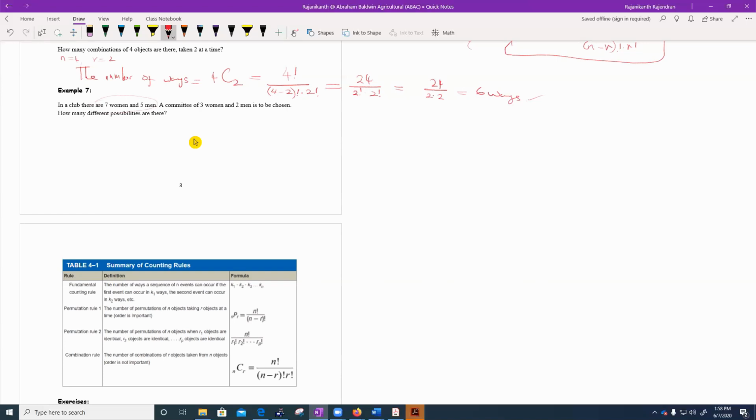But here, you need to first use the counting principles we saw at the beginning today. So how many tasks do you have? You have 2 tasks now, right? Choosing women is my first task, and choosing men is my second task. Therefore, my n is 2.